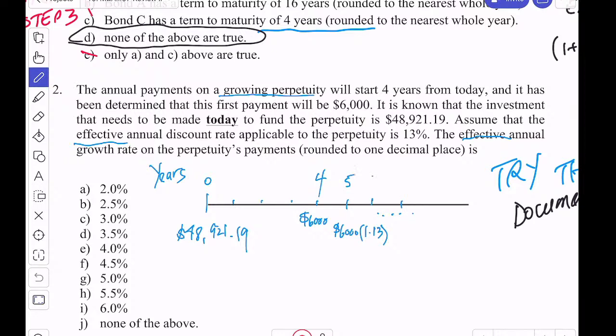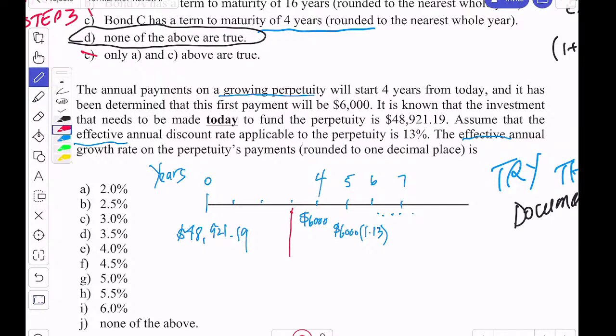Year 5, year 6, year 7. All I needed to know though was the timing of the first one, because the formula applies one period before the first payment.